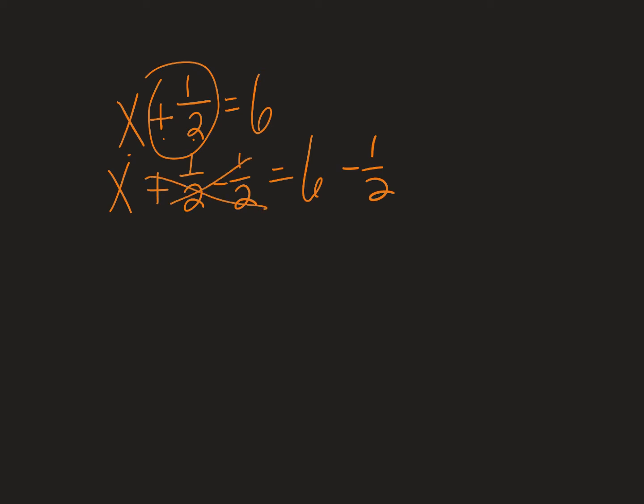That's the goal, is you're canceling out from one side and moving it to the other. So x equals, I'm going to put that 6 over 1 minus 1/2. I have to have a common denominator. Okay, so then I am going to have 12 minus 1 is 11 over 2.